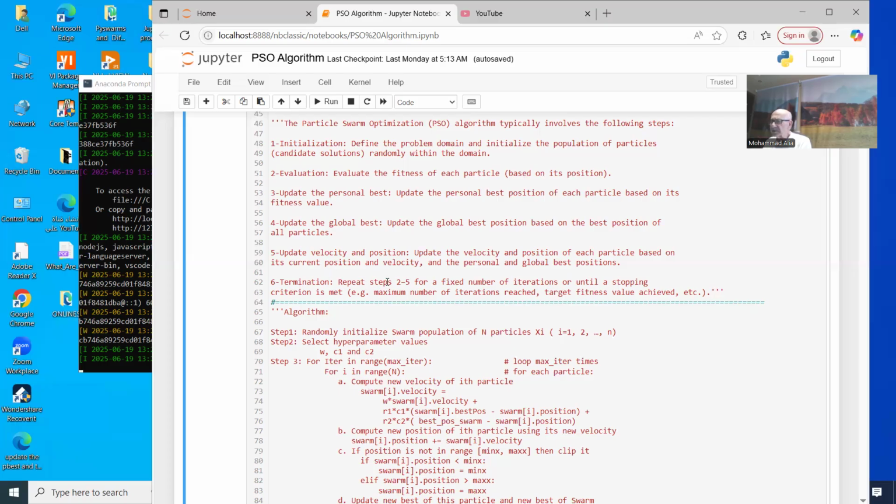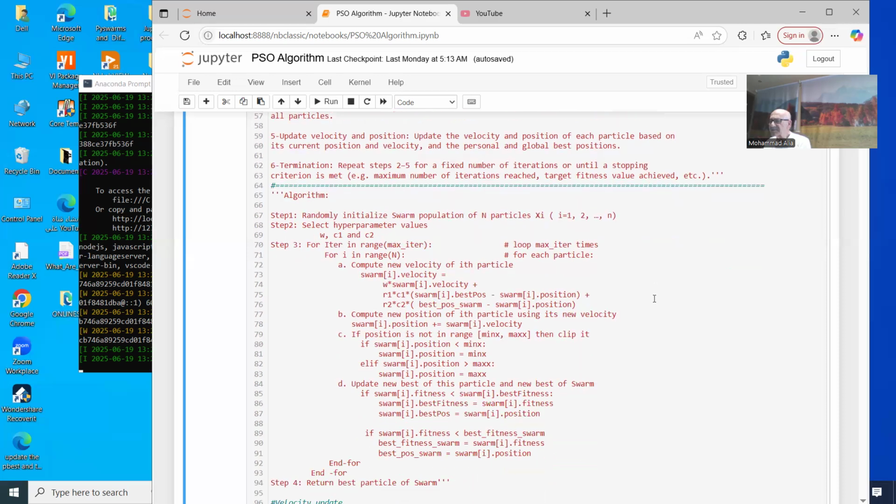As I told you, in most cases we use the maximum number of iterations as a limit, and sometimes we use the error between the last two fitness values achieved by the algorithm. These are the basic steps which are implemented in the particle swarm optimization algorithm.